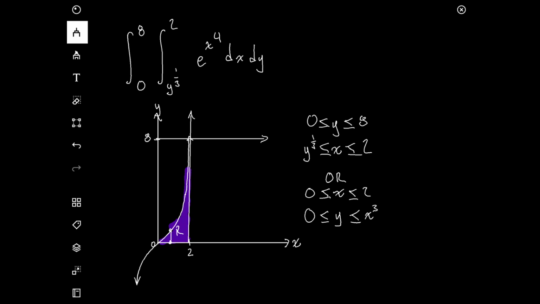Which one of these sets of numbers would you rather work with when you're taking limits and doing this? Just from looking at the two of these, I'd rather work with x to the 3rd than y to the 1/3. So that's what we're going to do. We're actually going to flip our integrals before we even start. We're going to say that this is equal to e to the x to the 4 dy dx, flipped our integrals.